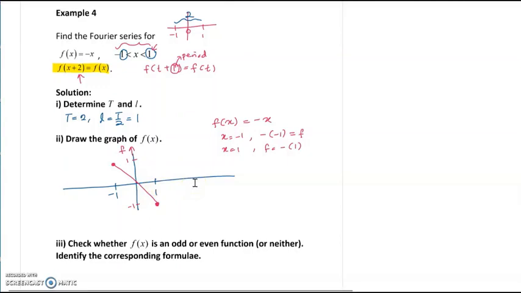So the next would be 1, the middle is 2, and then the right side is 3, and the line will be repeated.